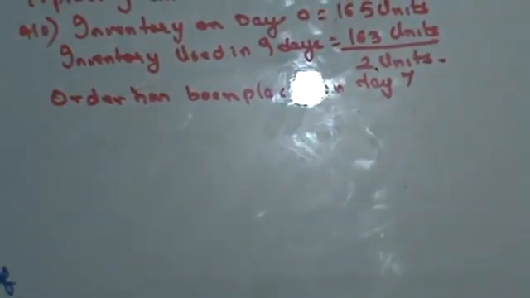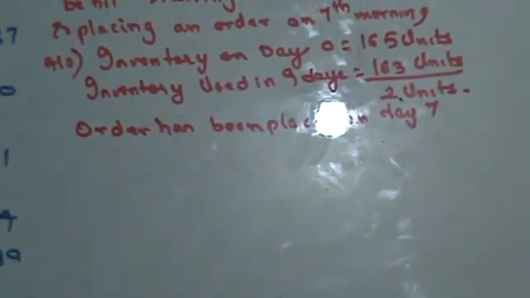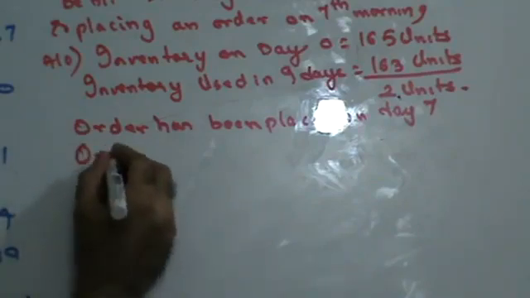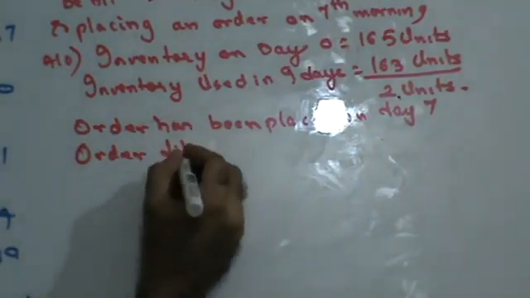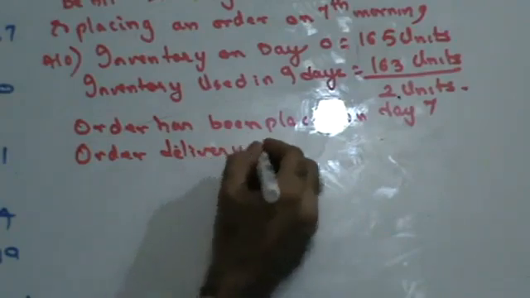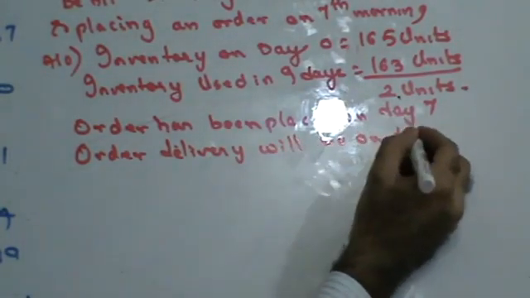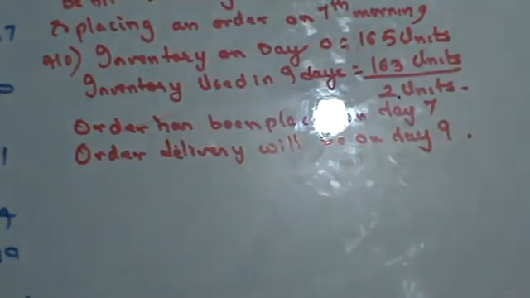If the order has been placed on day 7 and I'm going to get my order in 2 days, that means this particular order will reach me on the 9th day, right? Therefore order delivery will be on day 9, because he's going to make the delivery after 48 hours.